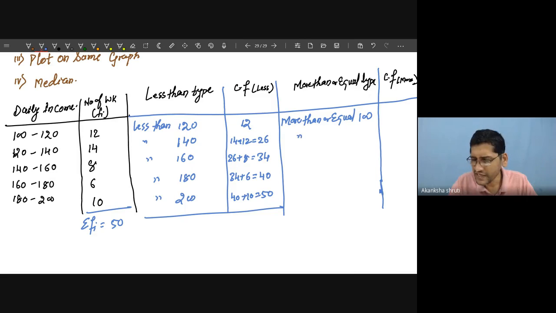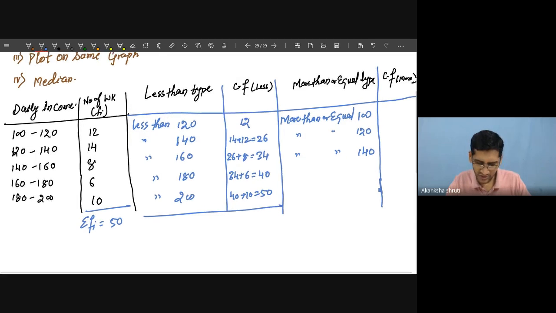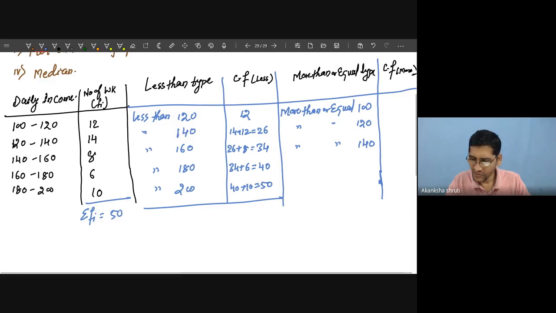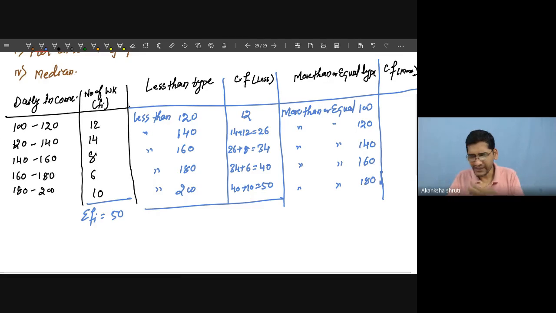Then more than or equal to 120, more than or equal to 140, more than or equal to 160, then more than or equal to 180. Okay, these are the things.